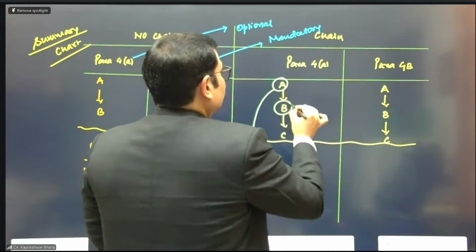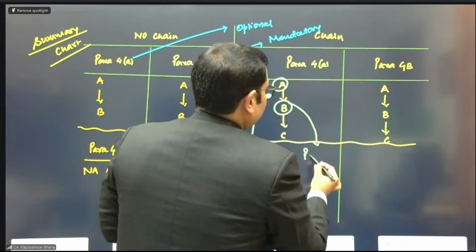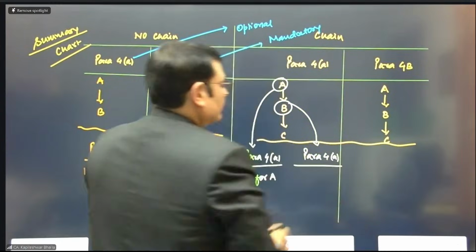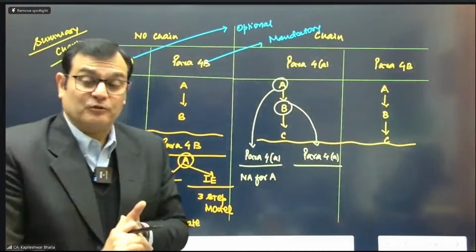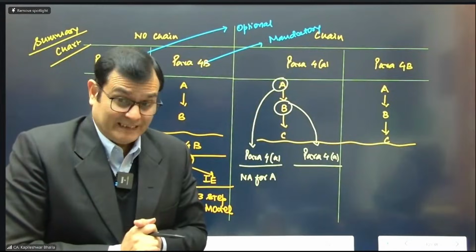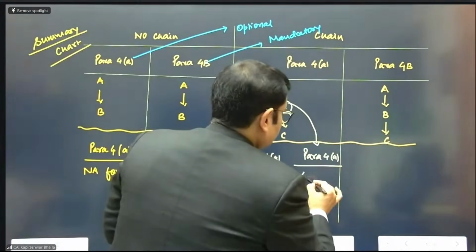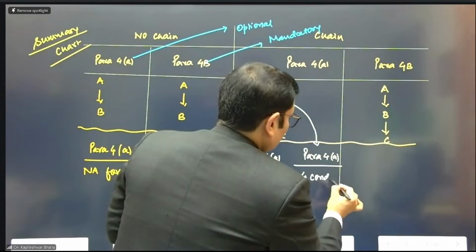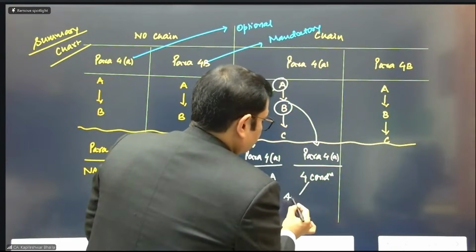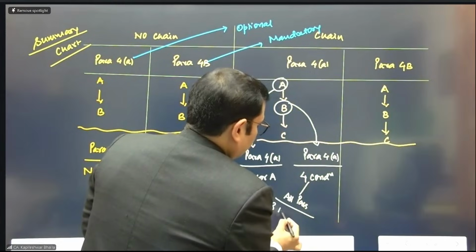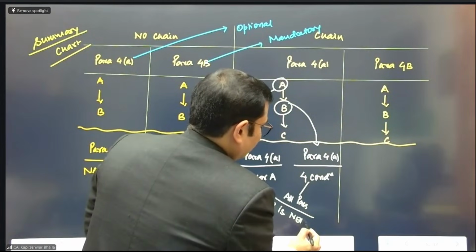Okay, so can B get the benefits of para number 4A? Yes, sir. Can I say there are four conditions? So we can say there are four conditions, and if all those conditions pass, can I say in this case B is not required to consolidate?